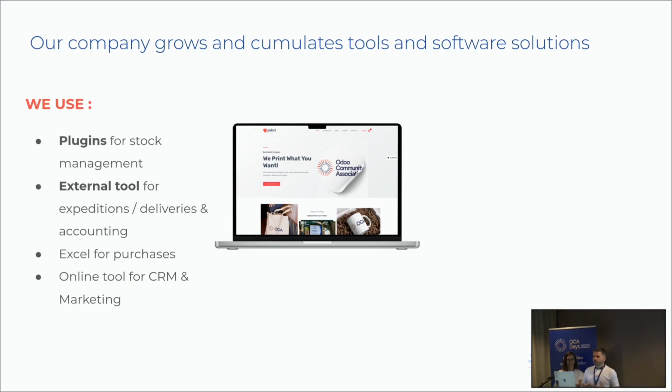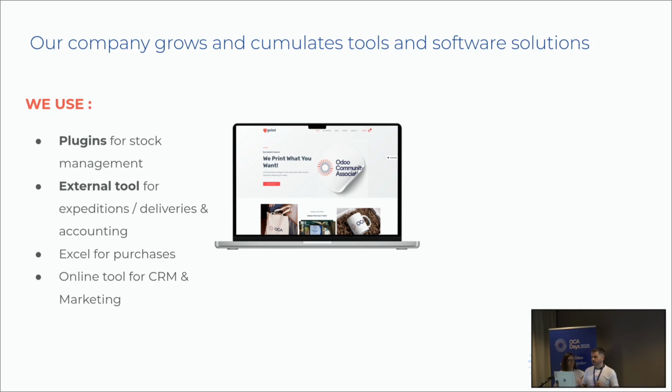We also use, like a lot of companies, Excel to manage purchases, and we have online tools to manage customer relationship and the marketing. The problem here is we have a lot of different tools in the stack, and these different elements can't communicate together.